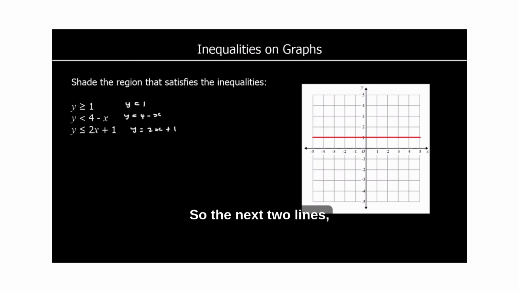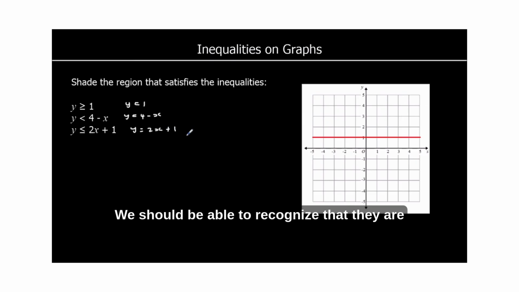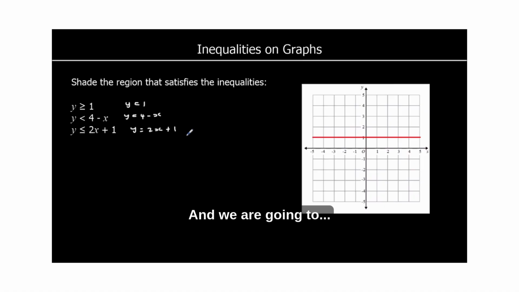So the next two lines, how are we going to draw these? We should be able to recognize that they are straight lines. They're in the form y equals mx plus c. And we are going to draw them by finding some coordinates.